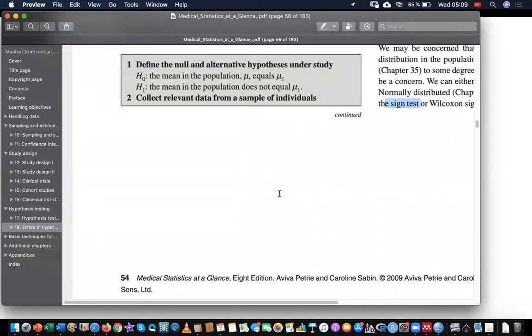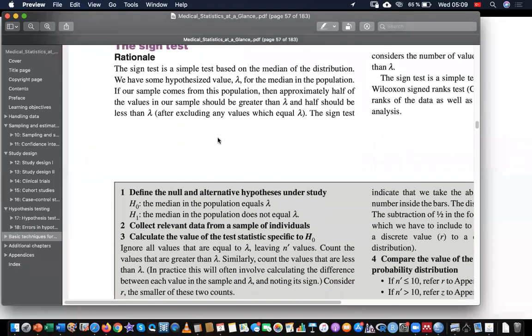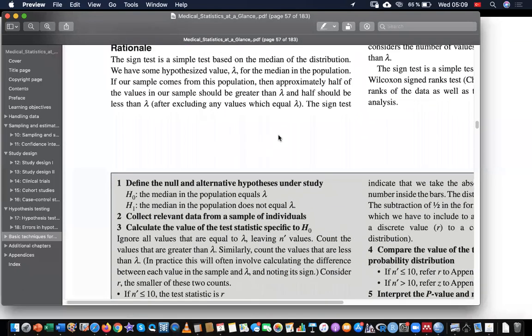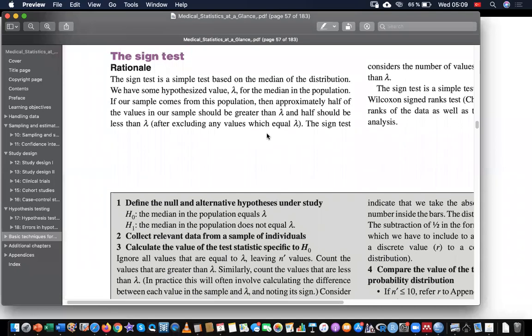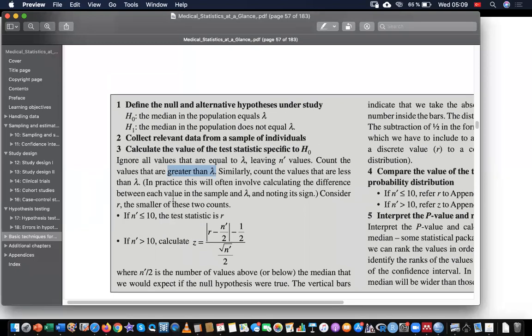Okay, so the rationale for the sign test is it is using the rank of the participants. It is calculating the rank, if it is positive or negative, if it is higher or greater than the mean or lower than, smaller than the mean. That's a very simple test.